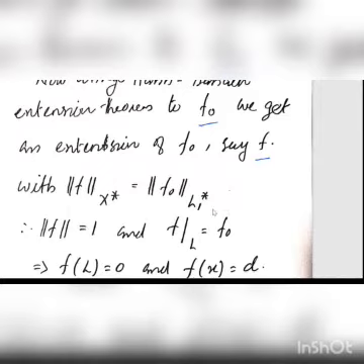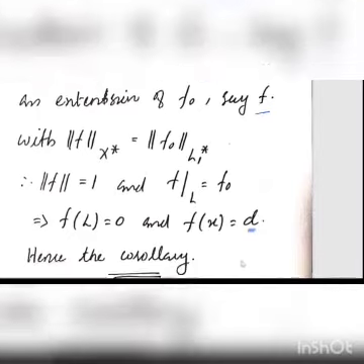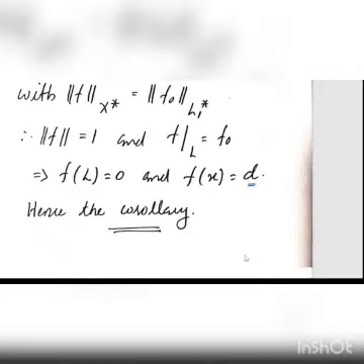Therefore, norm of f should be equal to 1, and since it is an extension, its restriction to L should be the same as f naught, so f of L should be equal to f naught of L, that should be equal to 0, and f of x is equal to d itself. So we have proved the corollary.